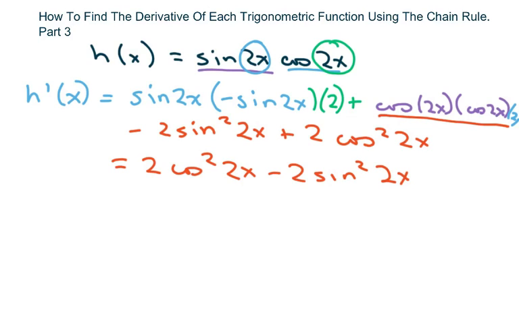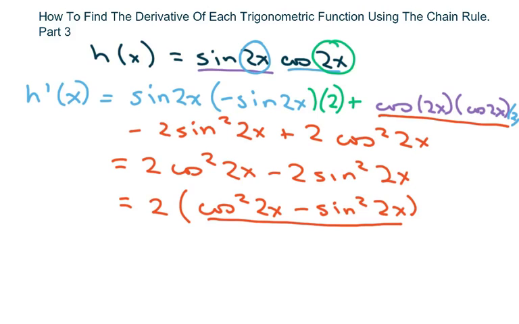If I factor out a 2, I get cosine squared of 2x minus sine squared of 2x. And with double angles, if it was just an x, it would be cosine of 2x. But since we have a 2, it's going to be 4. So this is going to be cosine of 4x.